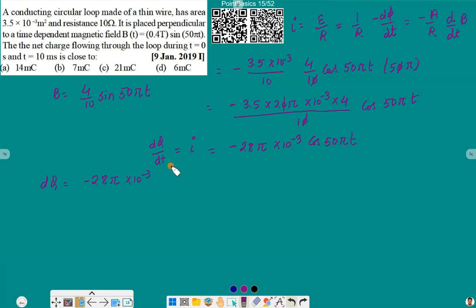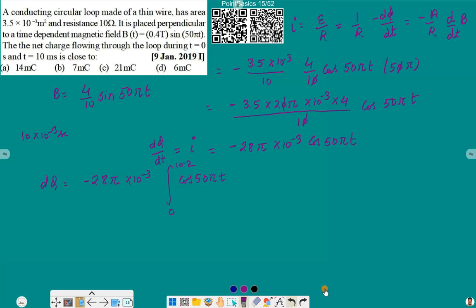These values will stay out of the integration. Integration of cos 50 pi t, and the limits will be, lower limit 0 and upper limit 10 milliseconds, or 10 into 10 raised to power minus 3 seconds, that will be 10 raised to power minus 2.